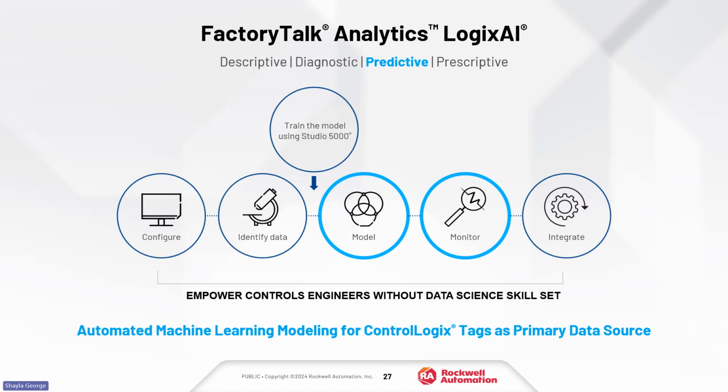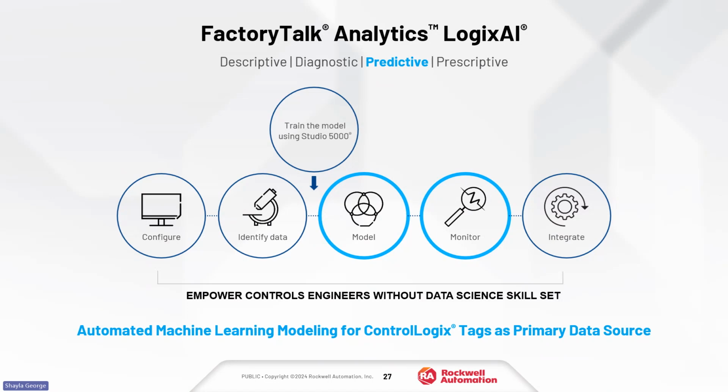Once they do the training and all of that identification in the background inside of Studio 5000, Logix AI will start generating that model. As it's generating that model, it'll also go into the monitoring mode.